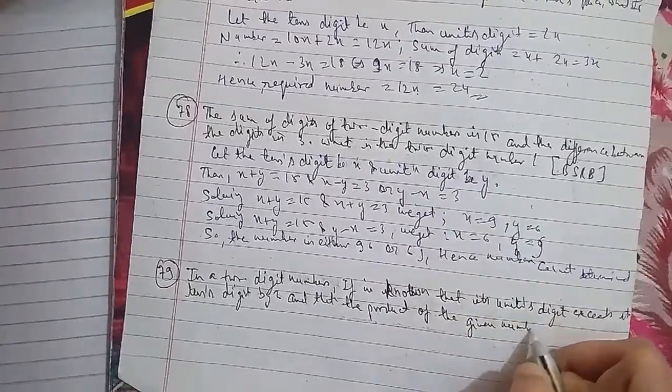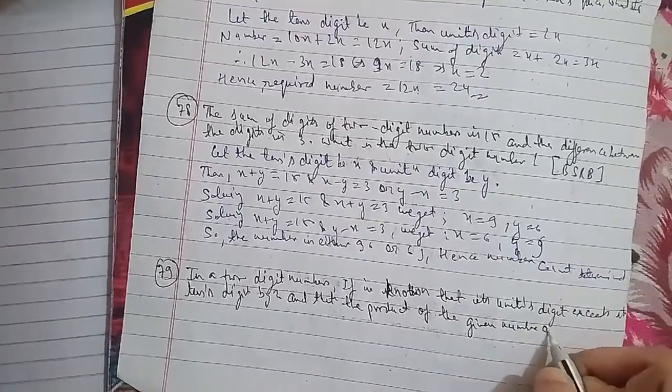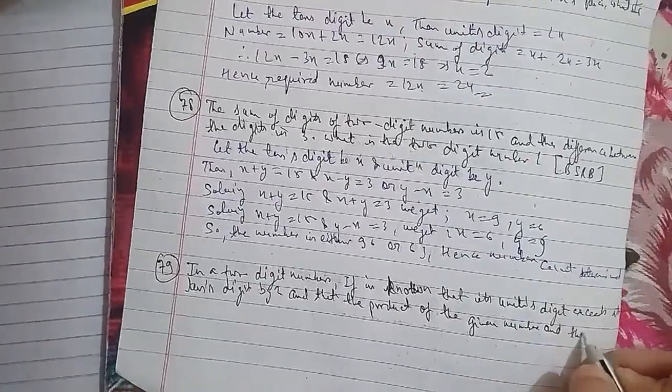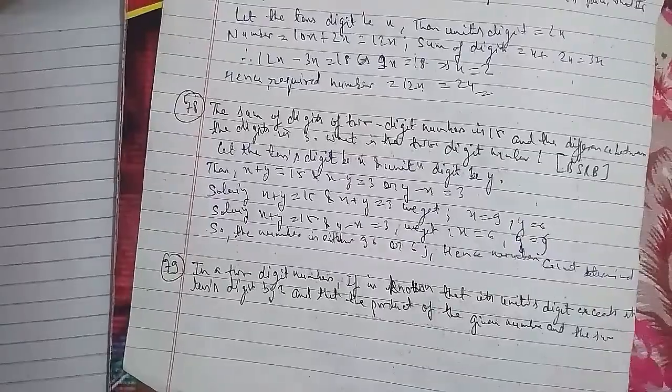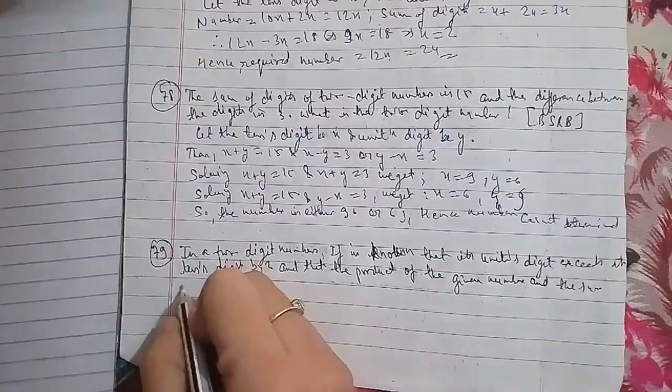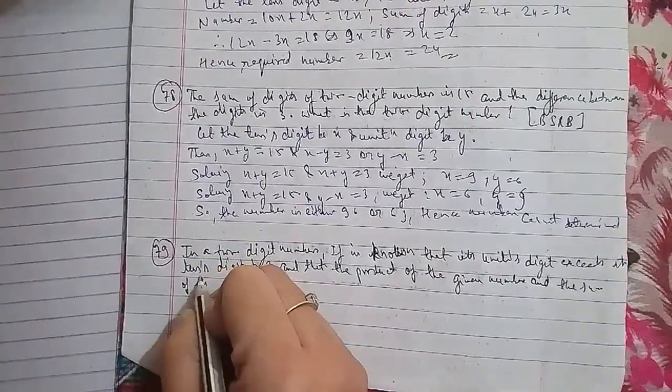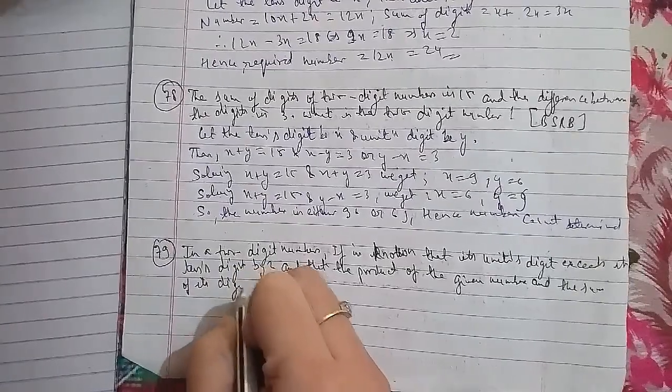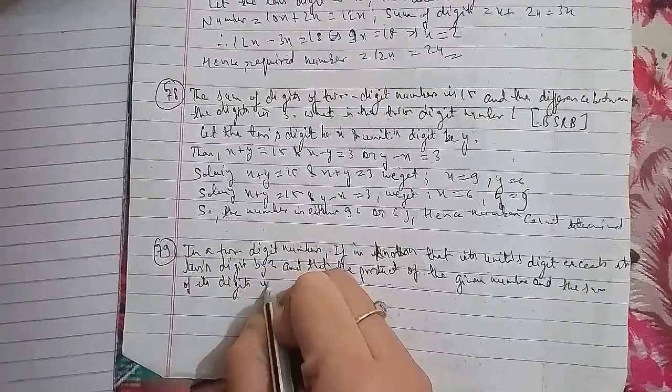This has been asked in your CBI examination paper, and as I told you, that is also an important one. The options we have are 24, 26, 42 and 46 as well. So we'll go ahead for the same, and we have to find the solution.